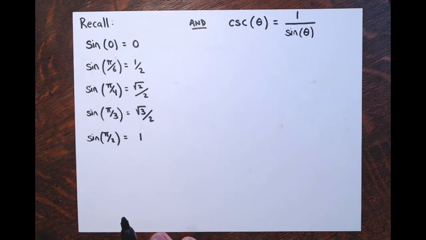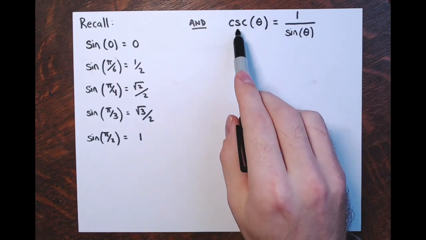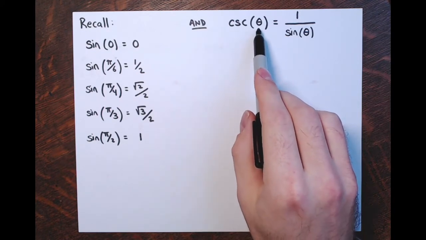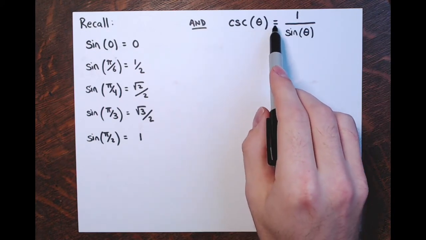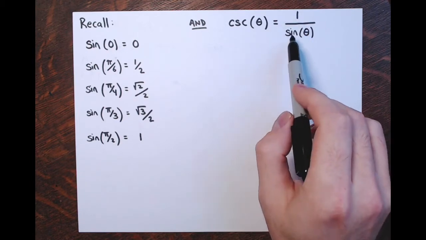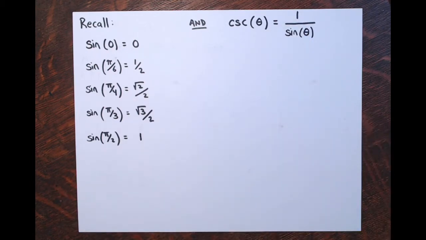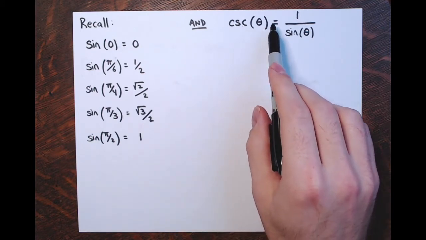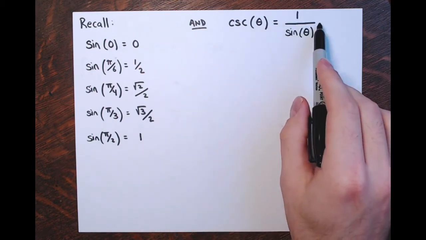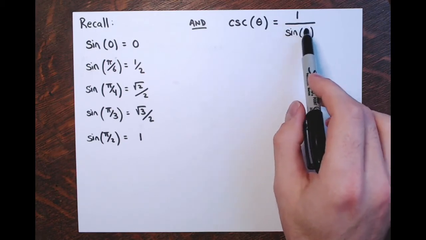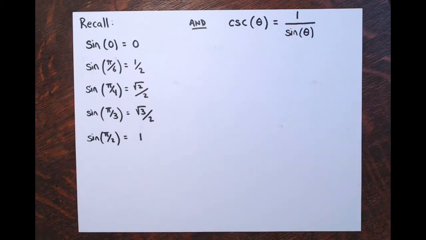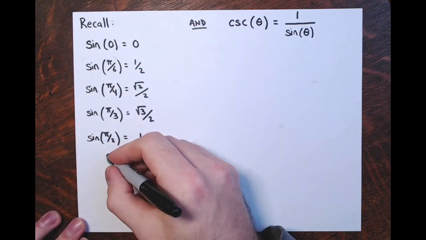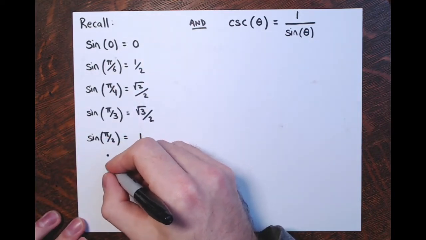Hopefully you recall from chapter 7 that the cosecant of an angle theta is the reciprocal of the sine of that same angle. So the cosecant of theta is 1 divided by the sine of theta.